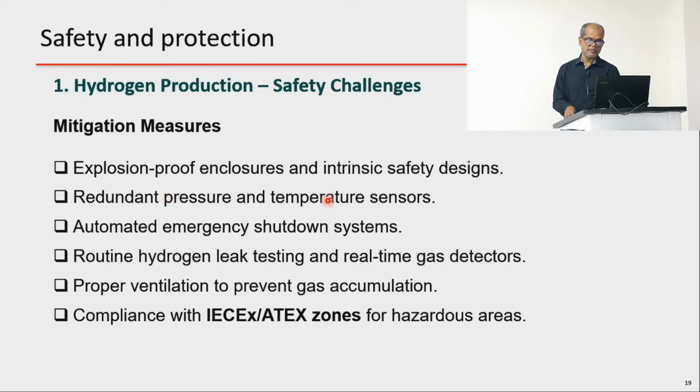Redundant pressure and temperature sensors, so that you monitor exactly what the pressure and temperature currently are. An automated emergency shutdown system, so if anything happens, the system will shut down automatically. Also you need to routinely test for leaks, and you should have a real time gas detector as well. So in the room, if anything leaks, it can automatically detect that there is gas, and based on that you can take immediate action.